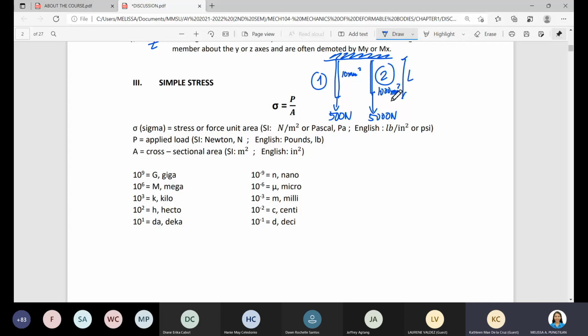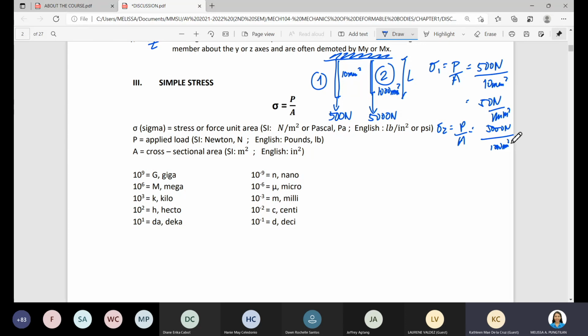Okay? Yung stress 1 natin is P all over A. So, yung P natin is the 500 Newton and then the area is 10 square millimeter. So, this is 50 Newton per square millimeter. And then, yung ating stress 2 is P all over A. So, we have 5,000 Newton all over 1,000 square millimeter.